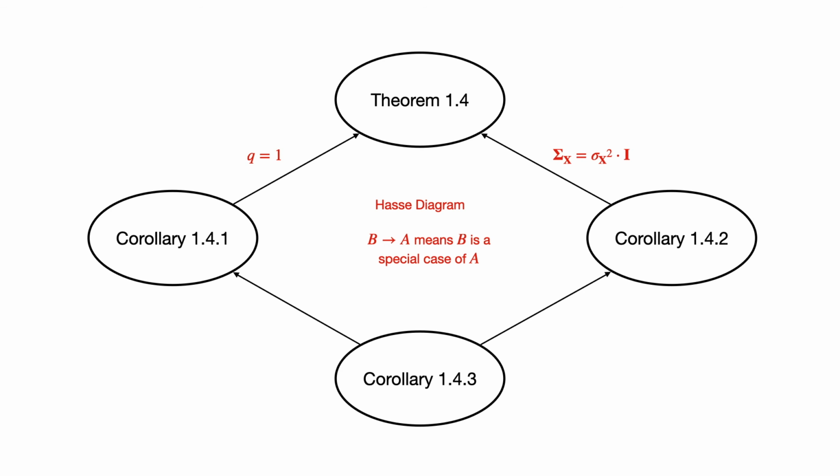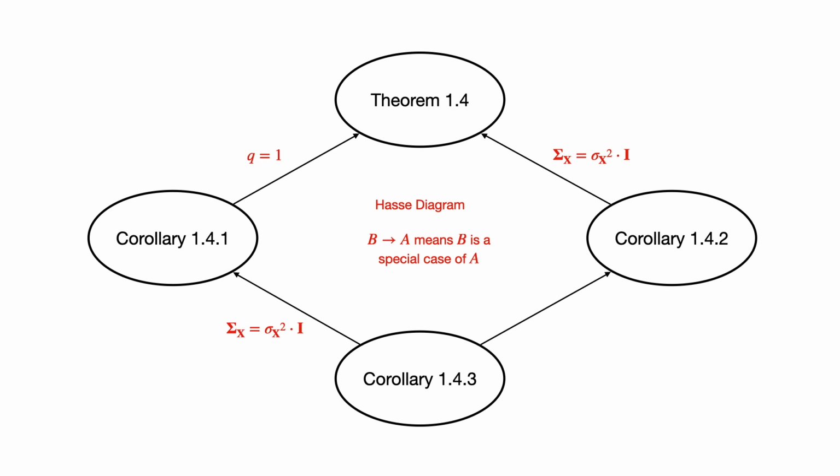Corollary 1.4.2 is also a special case of Theorem 1.4 because in Corollary 1.4.2, the covariance matrix of x has this special, simplified structure, sigma squared sub x times the identity matrix. So it's that diagonal matrix with equal entries down the diagonal. Next, Corollary 1.4.3 is a special case of Corollary 1.4.1 because in Corollary 1.4.3, the covariance matrix again has this special simplified structure.